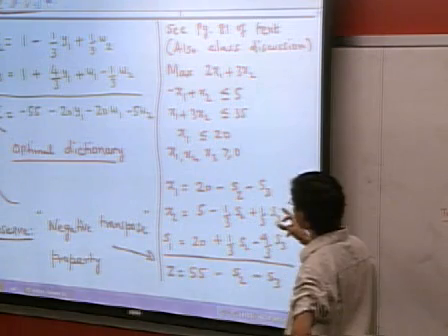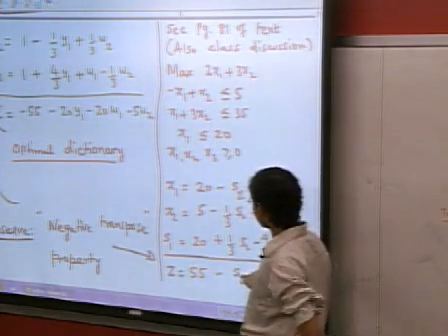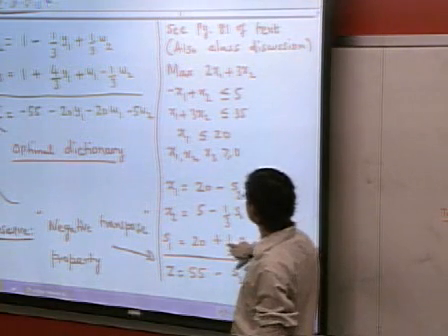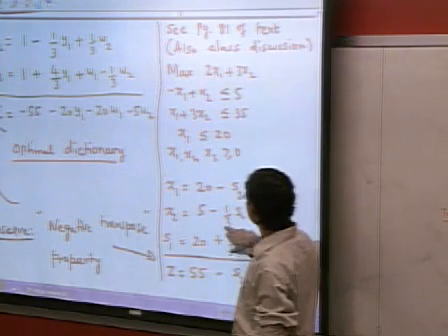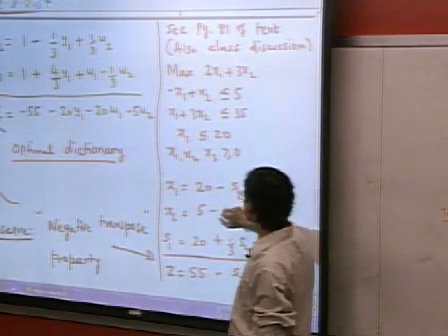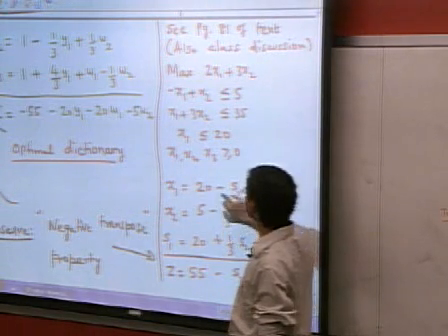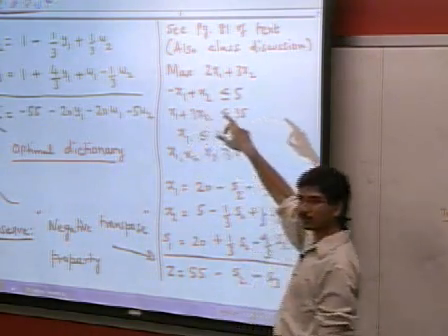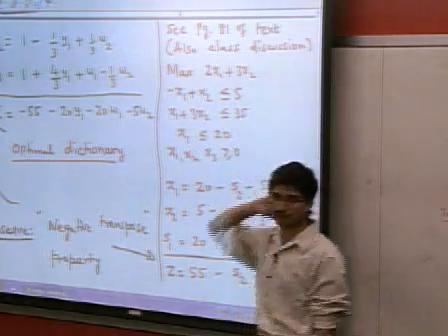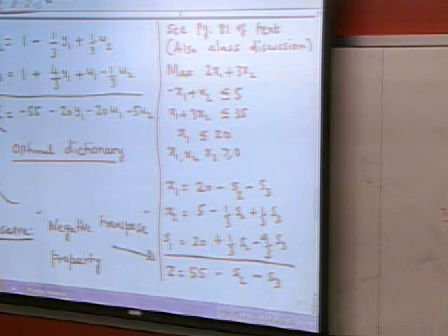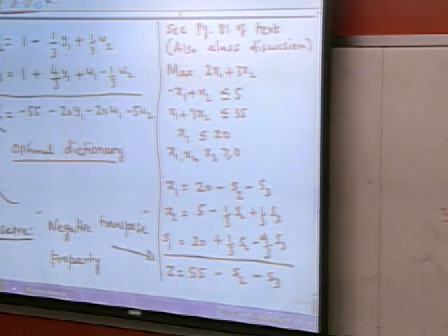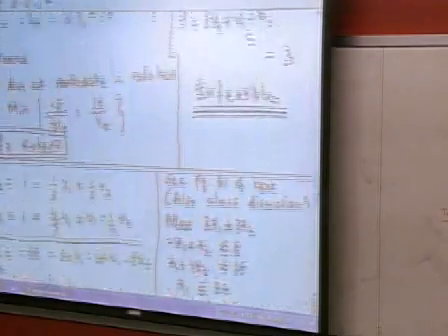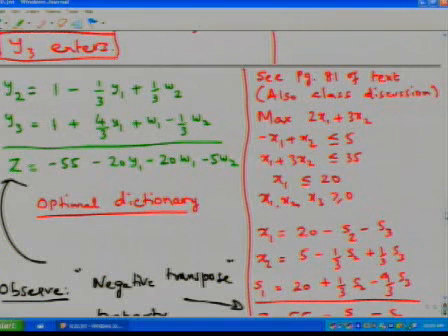It has -1, so Y2 has a 1. -1/3, 1/3, -1/3, -1. So you should have -1/3, 1/3, and 1. So I think there's some term missing in the first row of the dictionary. Just give me a moment to check this with your textbook.